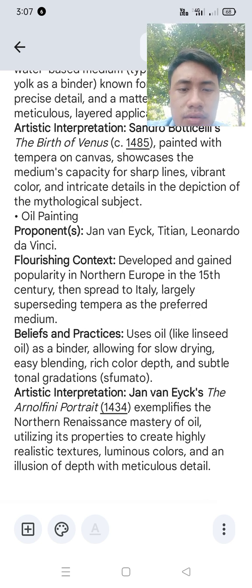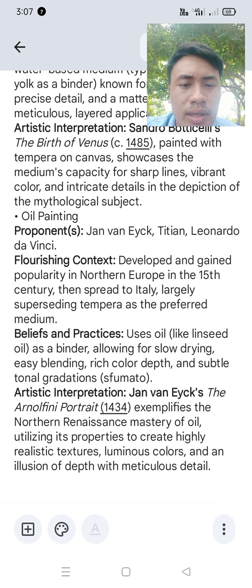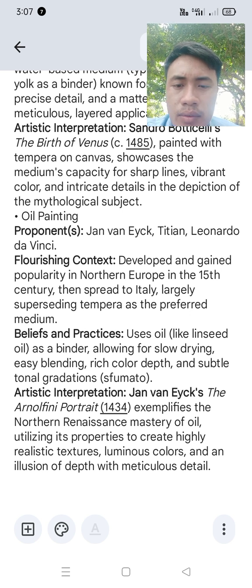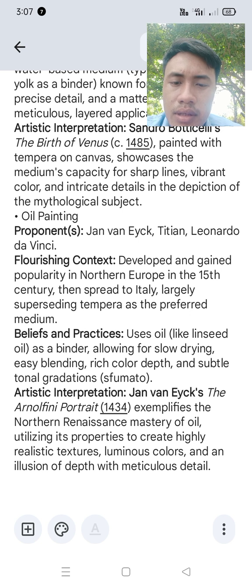Beliefs and practices: uses oil like linseed oil as a binder, allowing for slow drying, easy blending, rich color depth, and subtle tonal gradation.